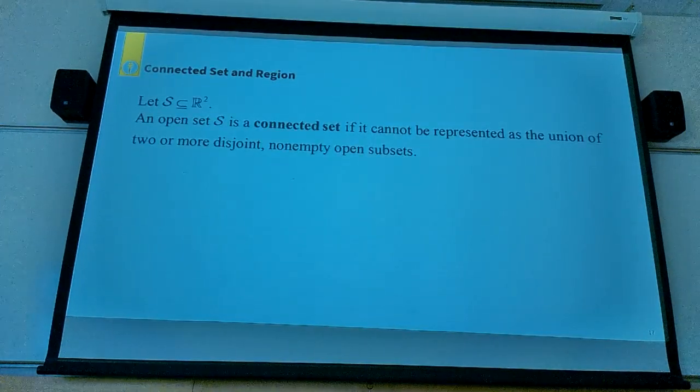So an open set is connected if it cannot be represented as the union of two or more disjoint non-empty open subsets.